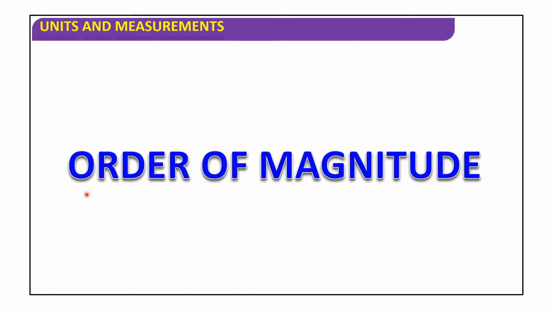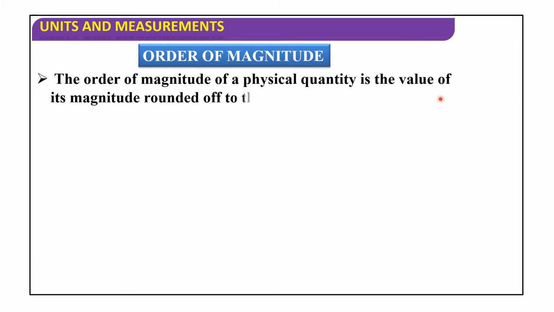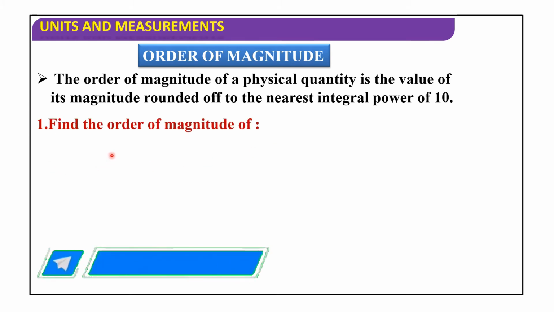Next, now I'll discuss order of magnitude. The order of magnitude of a physical quantity is the value of its magnitude rounded off to the nearest integral power of 10. First one, find the order of magnitude of 123 kilogram.